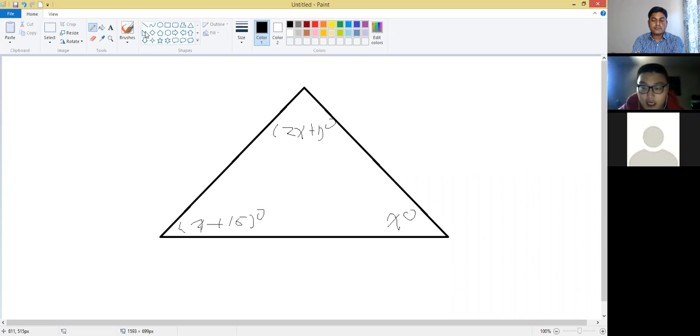Which angle is the largest one? What does the first one say? 2x plus 1, that's degrees. So which angle is the largest one? x plus 15. Why?